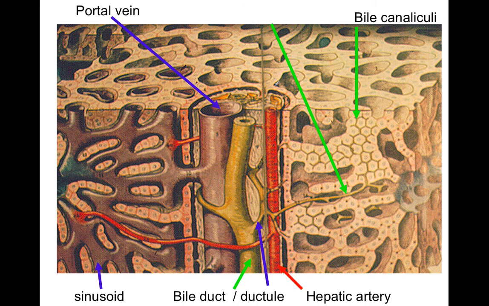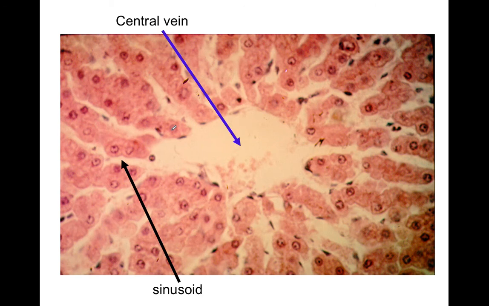So this is the portal area, where we have the portal vein, hepatic artery, and the bile duct. We can see here they send their branches, and these branches reach the area of the sinusoids. See here, this is the central vein.